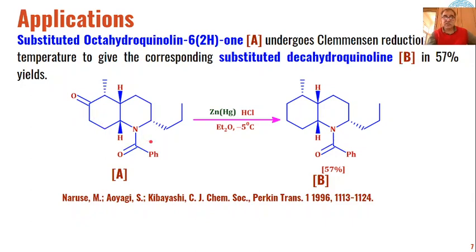You can see the reaction is very selective in nature, in that even the carbonyl of the amide is not affected. So we can say that here the Clemmensen reduction is a selective Clemmensen reduction, where only the ketone carbonyl group will be reduced, not the carbonyl group of the amide, and the product is formed in 57% yield.